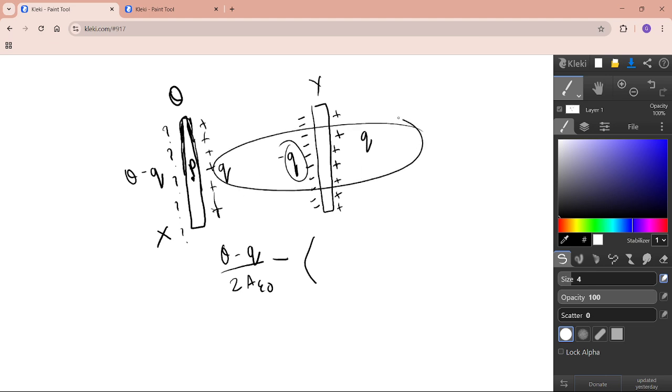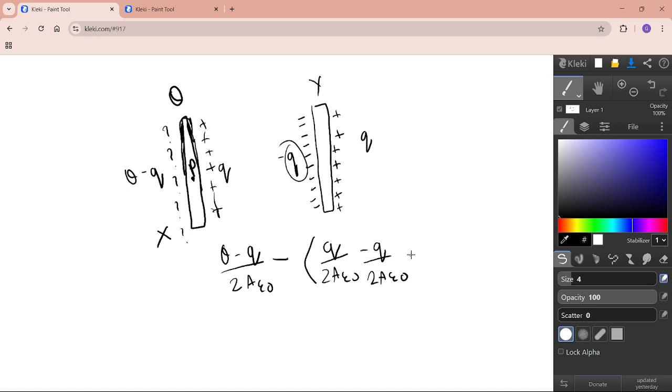We can add these because they are on the same side, without the confusion of signs, no matter what the signs are. Minus Q upon, of course, they cut each other off. Then we have again plus Q upon 2A epsilon. This cuts, and minus Q, so it becomes Q minus 2Q. Of course, the net electric field is 0.